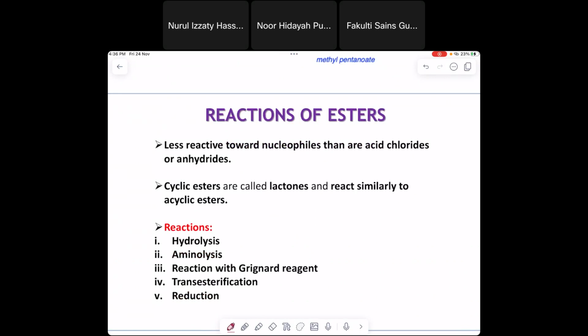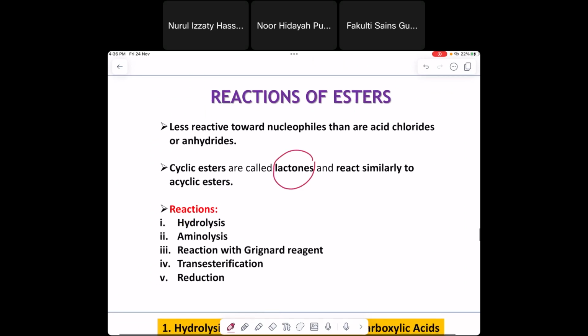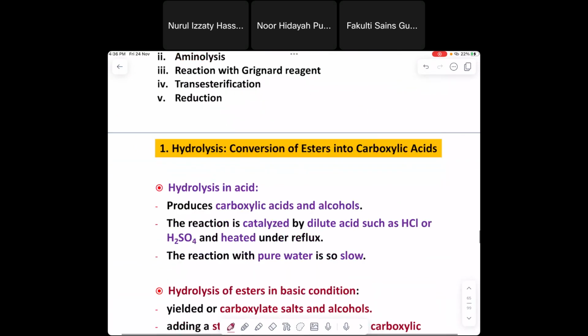Cuma ester ni dia less reactive toward nucleophile sebab dia keluarkan a moderate base. So dia agak susah, agak tidak reaktif. Dan juga istimewanya ester ni dia ada cyclic ester lah, macam dalam notes dia panggil lactone, and it reacts similarly to the acyclic ester.